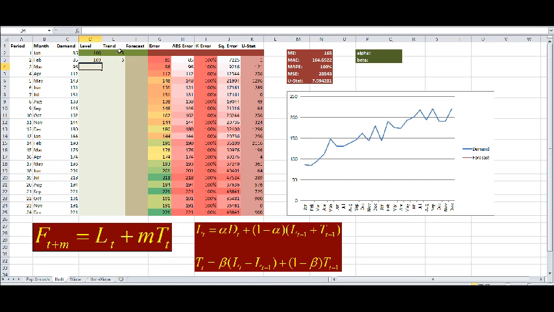Hit enter. Okay, and this gives us our value for 3. Now let's just use some values for alpha and beta. I'm going to just use 0.5 and 0.5 again.